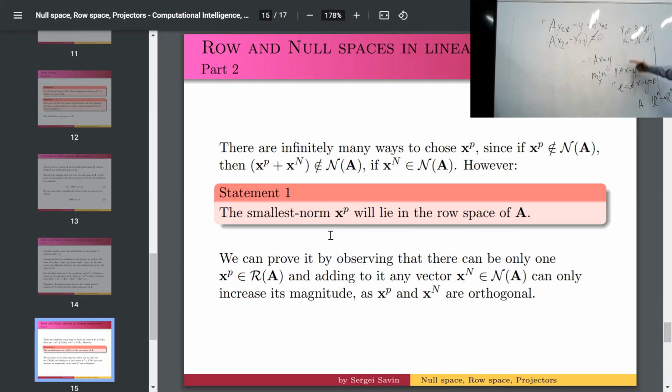Okay, so now to reiterate, the row space is the space of smallest norm solutions to this equation with zero residual. If you have a zero residual solution, all the smallest norm solutions form the row space. And by the way, did you learn the analytical solution to a least squares problem?